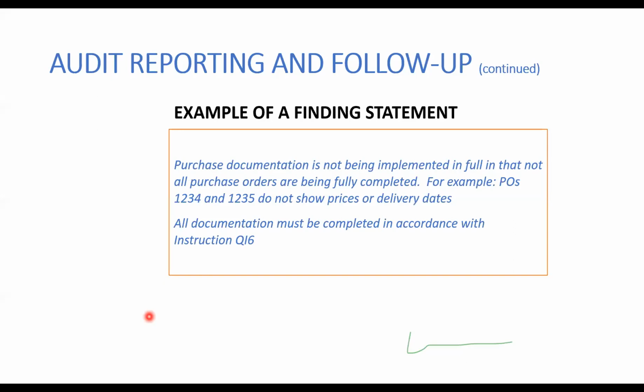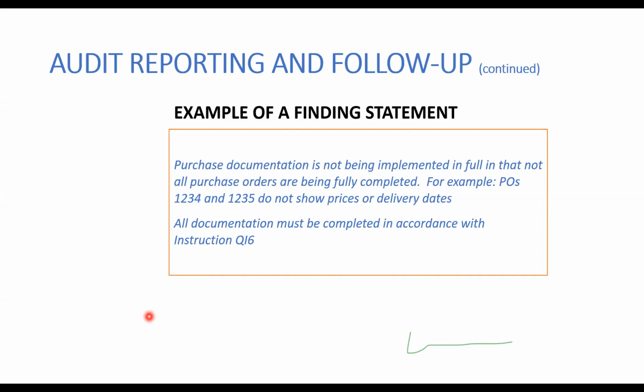For example, you can see here an example of an audit finding. Purchase documentation is not being implemented in full. This is the overview of the finding, that there is a problem in purchase documentation. Not all purchase orders are fully completed. Now this is the evidence, what you have seen.